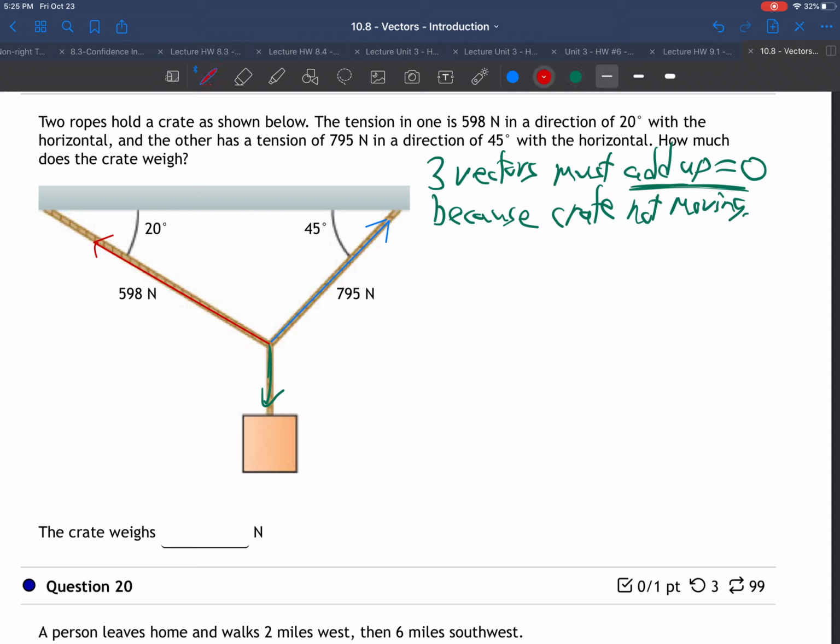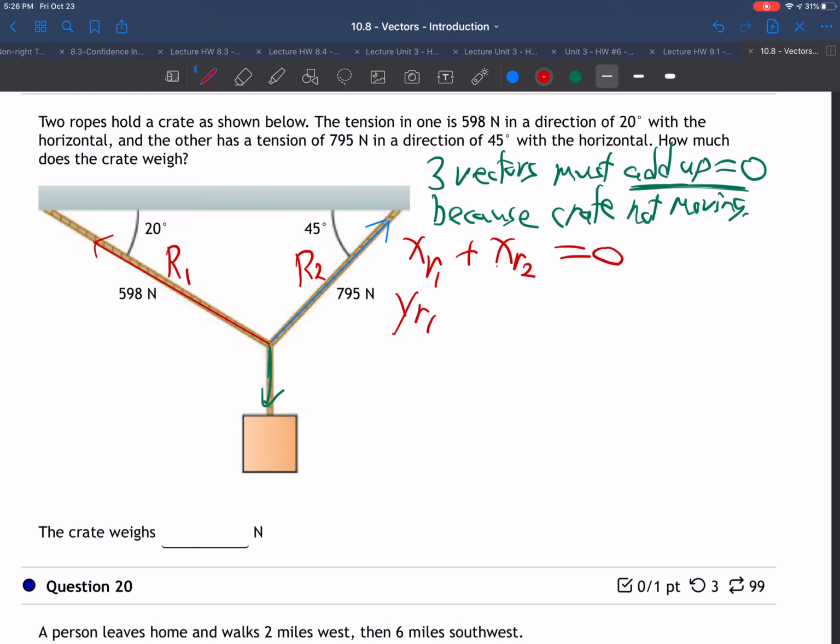Specifically, that means, let's call this rope 1, and this is rope 2. So the X for rope 1 plus the X for rope 2 must equal 0.